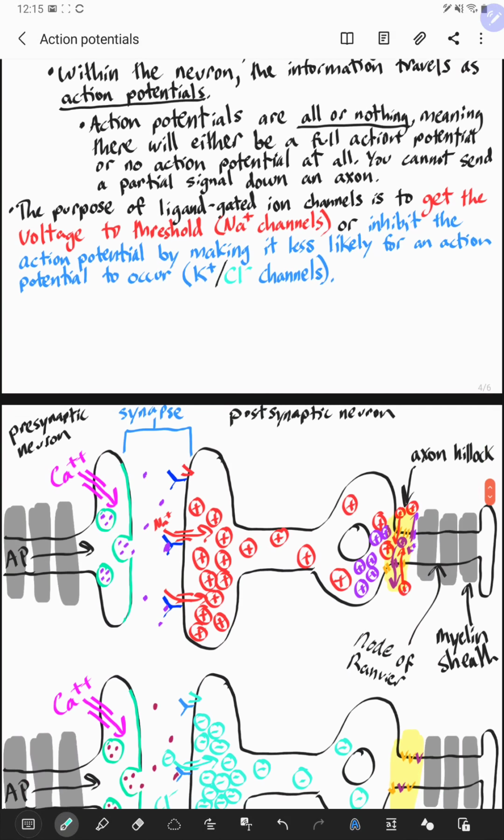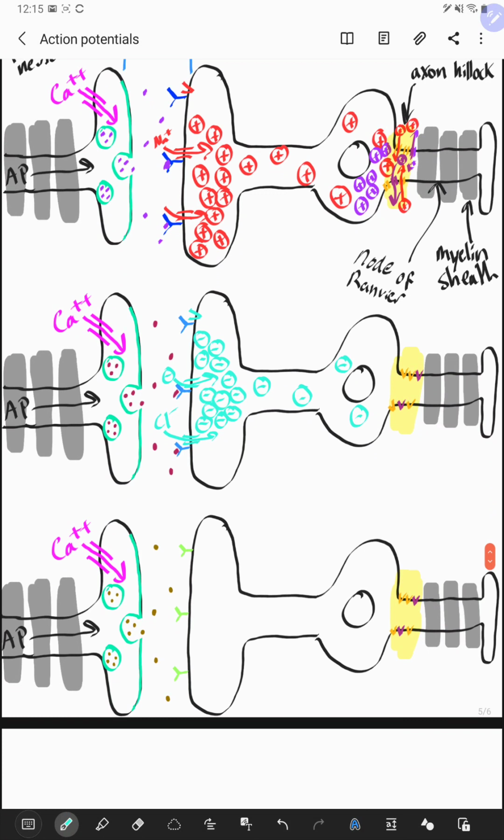Chlorine enters the cell through these ligand-gated ion channels when a different type of neurotransmitter binds to the receptor. These are inhibitory neurotransmitters, and when they bind, they allow chlorine to enter the cell. And when chlorine enters the cell, it starts spreading out, makes the cell more negative, which makes it further from threshold and makes it harder to get to threshold, and therefore harder for an action potential to occur.